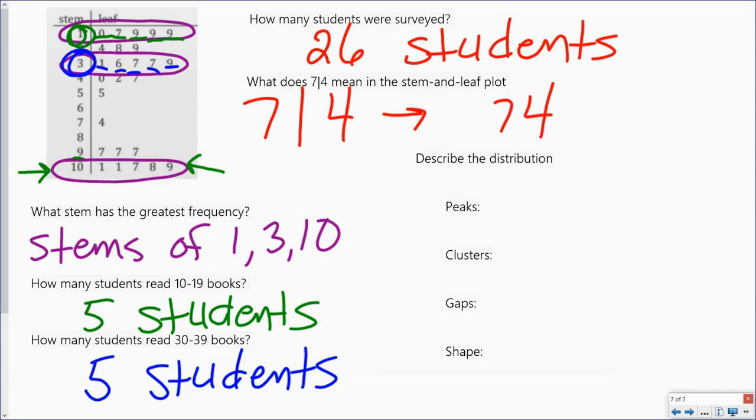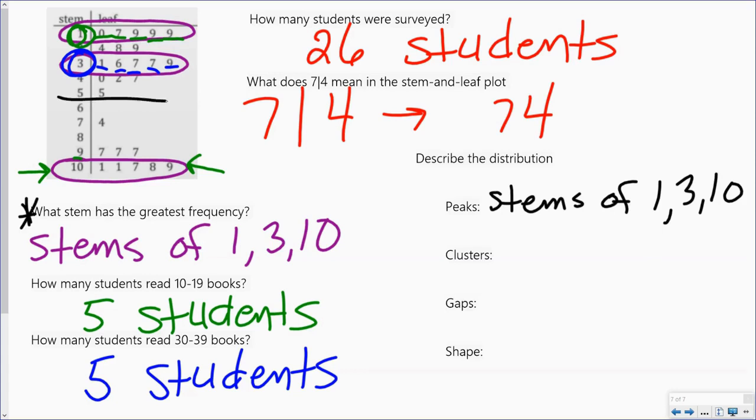So my first one asked about the peaks. Well, my peaks are the same thing as the greatest frequency, so I can use this answer here for my peak. So it'd be the stems of 1, 3, and 10. Clusters, well, when I look here, I've got a lot of data grouped over here.